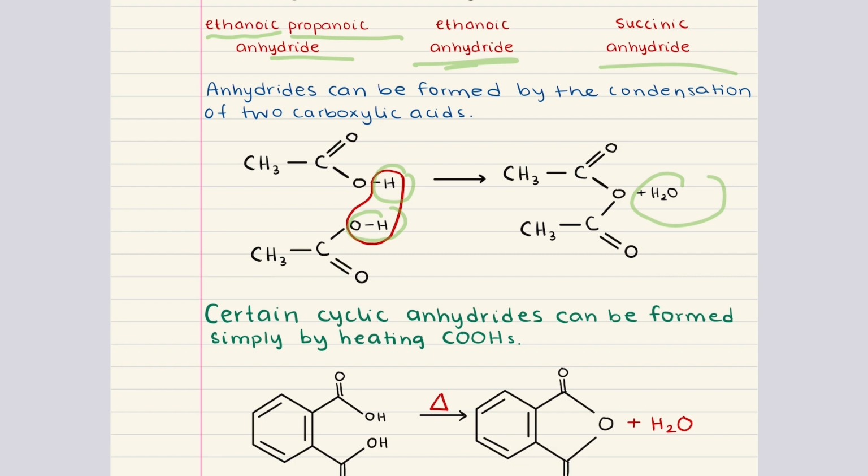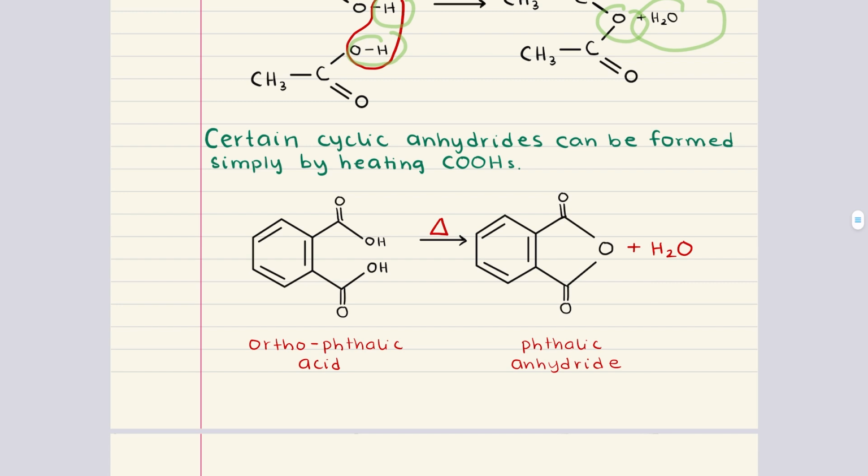What remains is a structure in which two carbonyl-containing portions are connected by a single oxygen atom. This is the defining feature of an anhydride. This reaction is typically driven by heat, and in many cases, it requires removal of water to push the equilibrium forward. In addition to open chain anhydrides, there are also cyclic anhydrides.